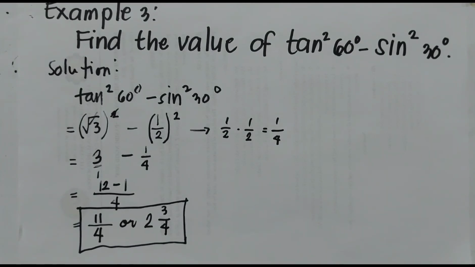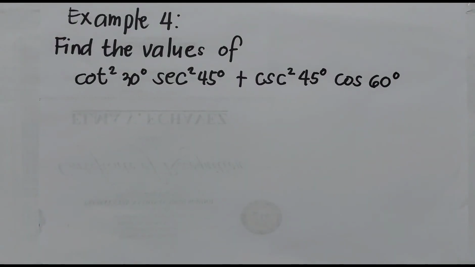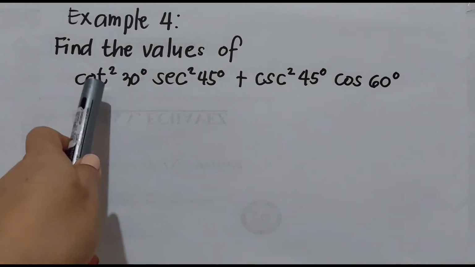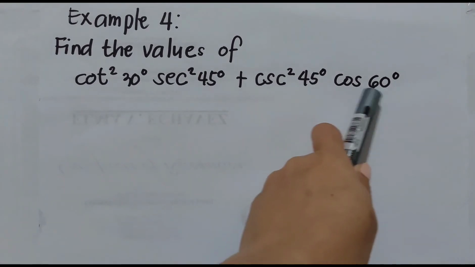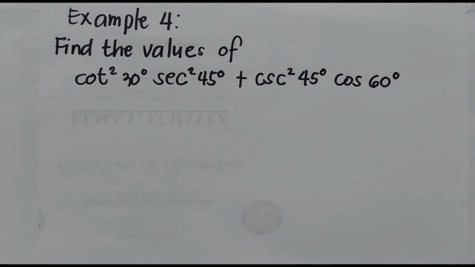Okay. Okay, let's have another example. Find the values of cotangent square 30 degrees, secant square 45 degrees, plus cosecant square 45 degrees times cosine 60 degrees. So, the same sa previous example, ato ra tan-awon sa table kung pila ang value ana nila to find kung pila jud ang value tanan kung i-add nato siya.